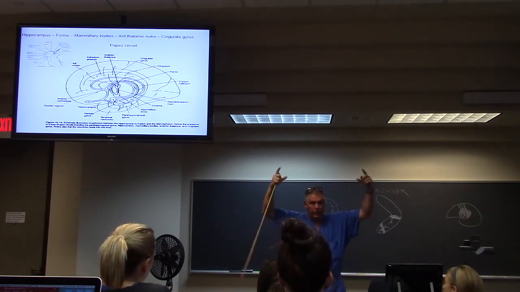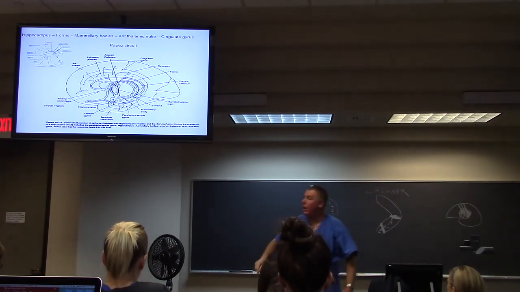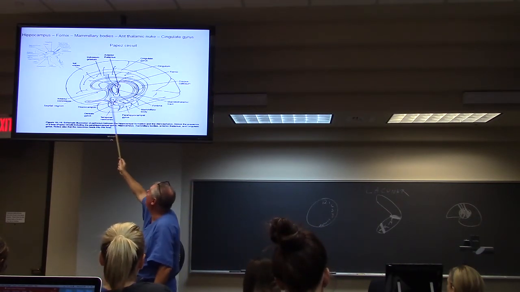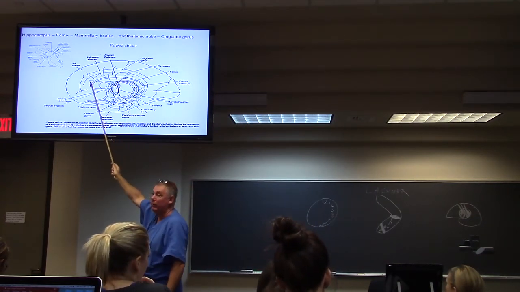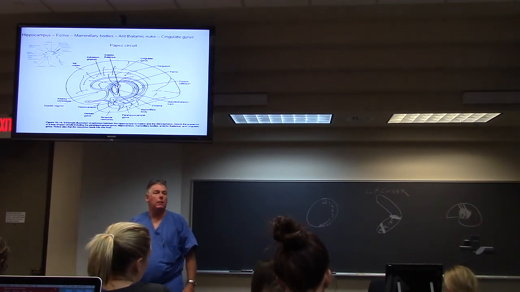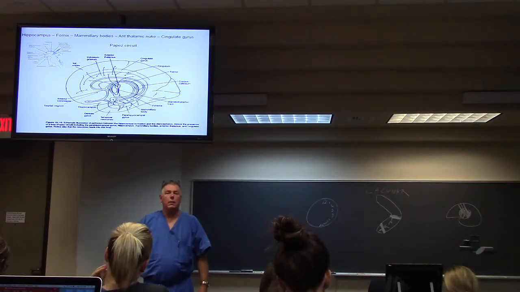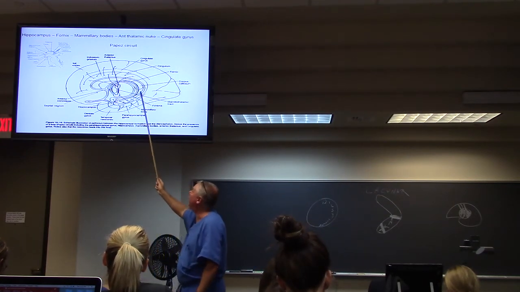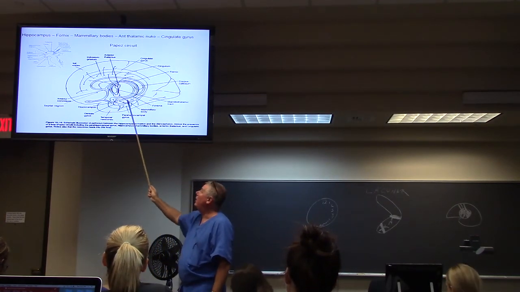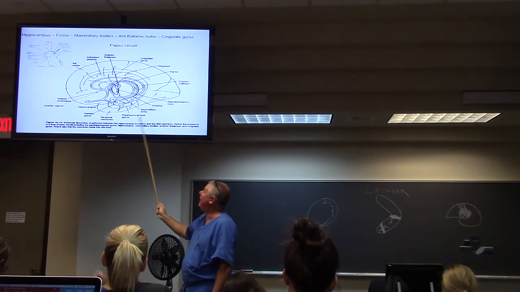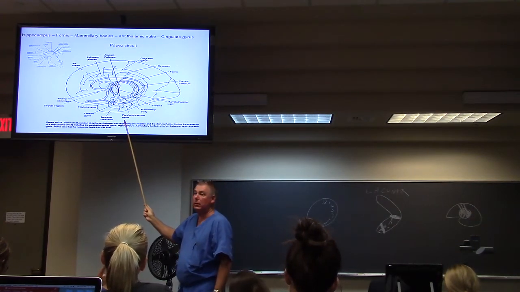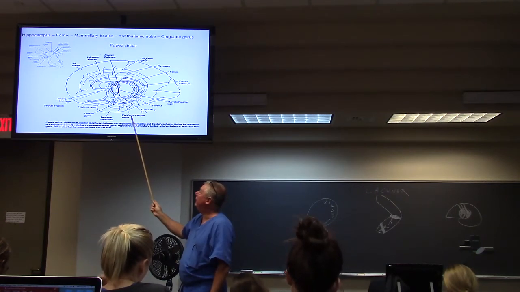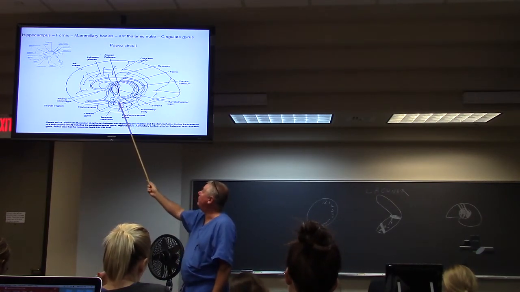The cerebral cortex projects down into this structure here called the cingulate gyrus. The cingulate gyrus projects down through this pathway into what's called the parahippocampal gyrus. Projections there go to the hippocampus.